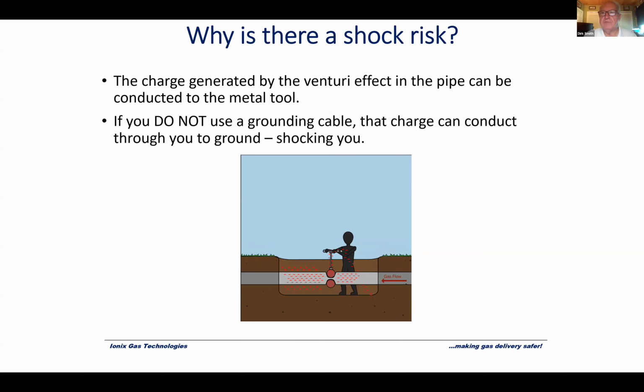Now, if you're putting that tool on that pipe and starting to crank that down, if that charge happens to arc through that pipe wall to the tool, if you don't have a grounding strap, that charge will conduct through your worker, shocking you. So that's why we want to make sure that you always ground the squeeze off tool prior to putting it on the pipe.